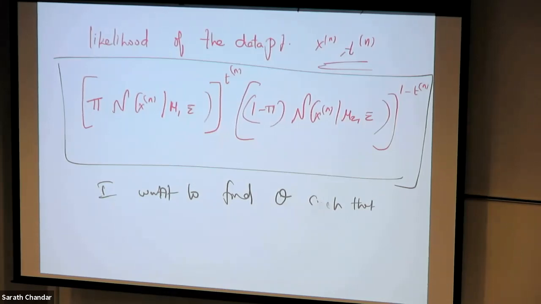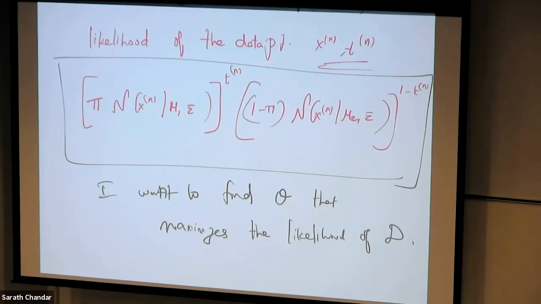I want to find some parameters theta that maximizes the likelihood of the data set D. You give me a data set. The goal here is to find the parameters that maximize the likelihood of seeing the data, or in other words, fit a probabilistic model which gives maximum probability to the data set in hand.